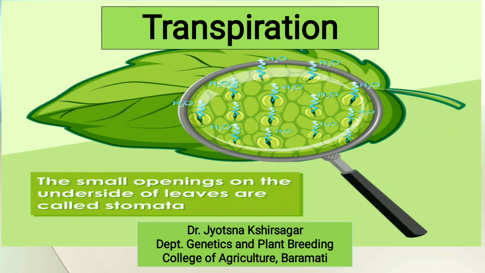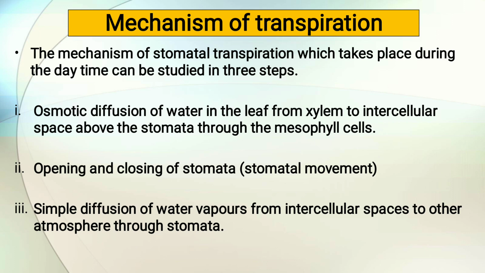In today's lecture, we are discussing the remaining part of transpiration, that is the mechanism of transpiration, factors affecting transpiration, and different theories of transpiration. Now we are discussing the mechanism of transpiration, meaning how transpiration occurs in the leaf portion.